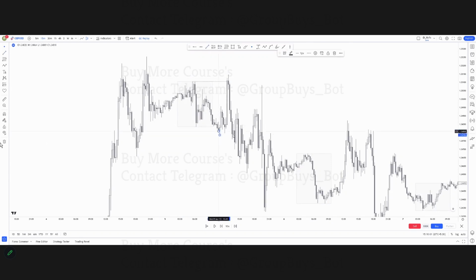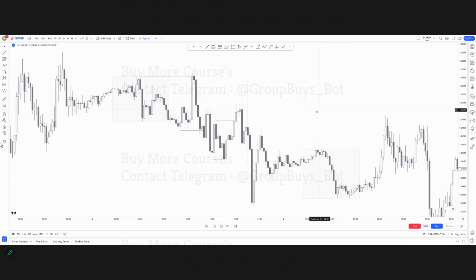I will mark my strong highs, a break of structure at the body here, and I will mark my weak lows from here, sweep of liquidity, and I'll mark my break of structure like this. Now this is our strong high, this is our weak low, and I will mark the internal range liquidity.